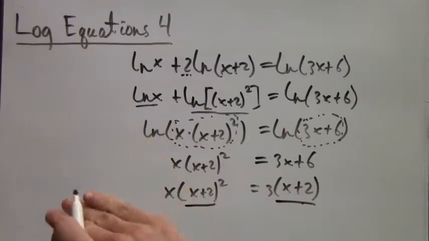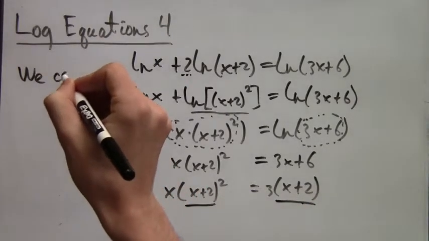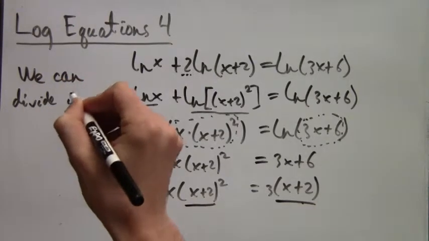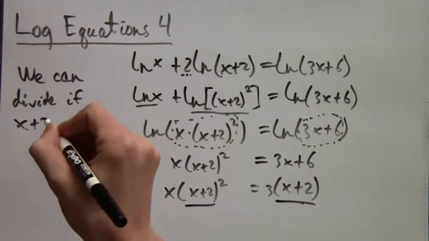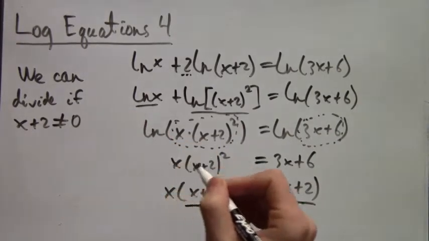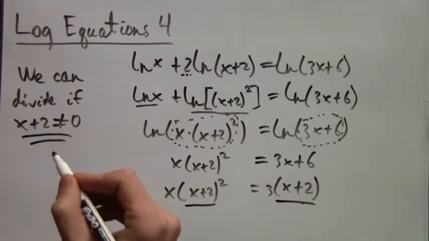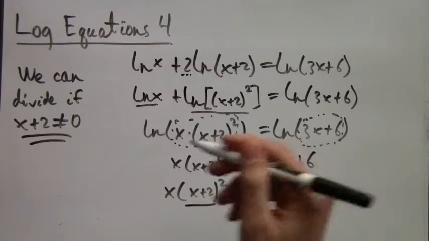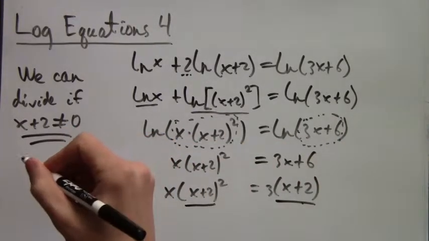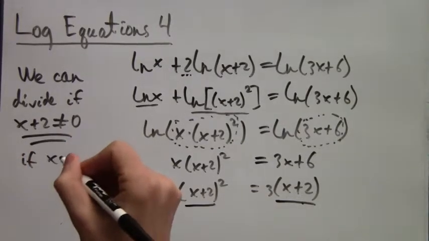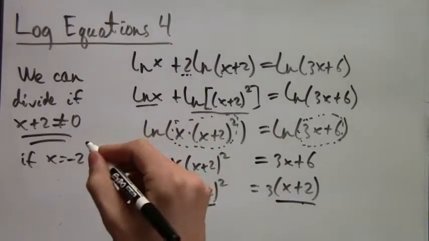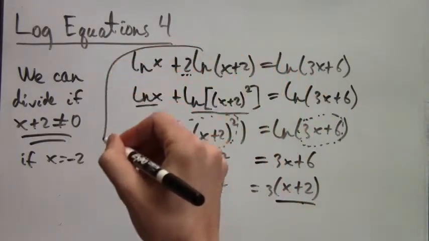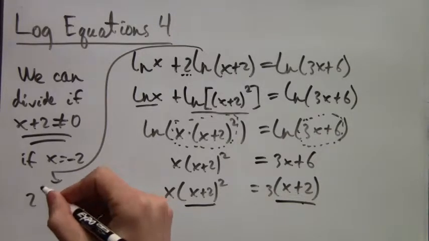Also notice that dividing by x plus 2 on both sides is allowed because we can divide anytime we're not dividing by 0. If dividing by x plus 2 means we're dividing by 0, that means x would have to be negative 2. But we can't plug in negative 2 in our original expression, because we'd have a natural log of 0, which is not allowed.